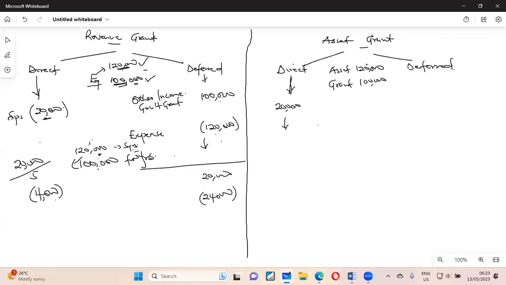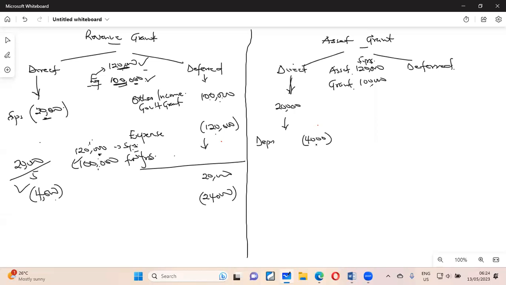Let's say the useful life of the asset is 5 years, and the grant is also given for 5 years. So depreciation will be 4,000, right?